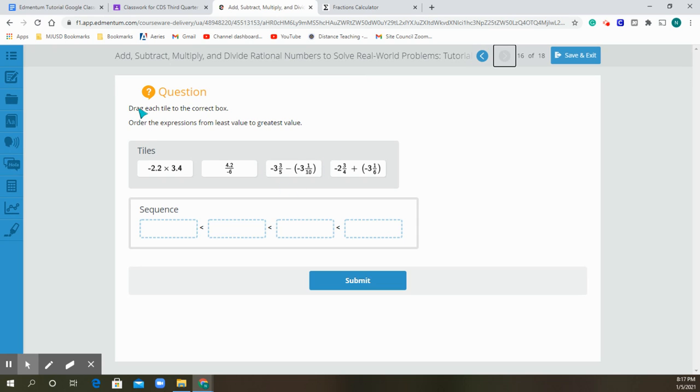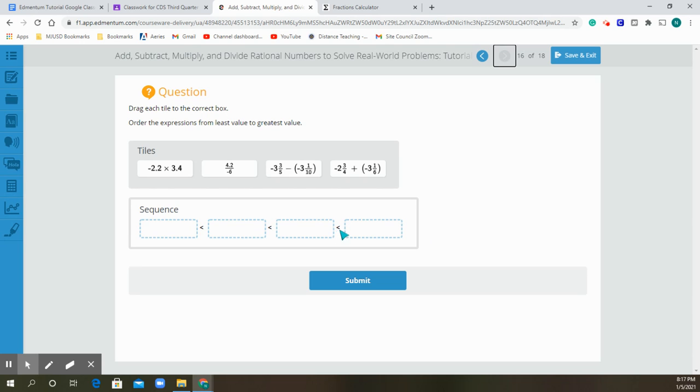All right. This says drag each tile to the correct box. Order the expressions from least value to greatest value. So essentially, we have to use that scratch paper that I said and figure out what the values of these are and determine which one is the least and which one is the greatest.